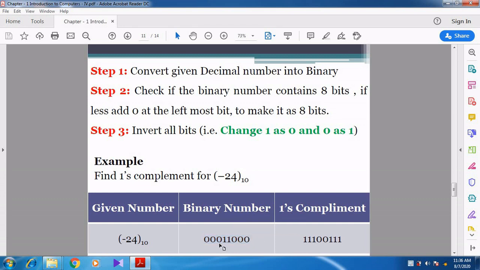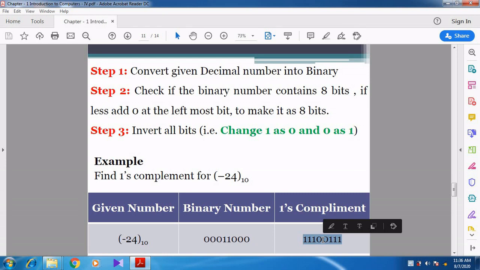So first it is 000, so 0 should be changed to 1, so it changes to 111. Then they have given 11, so 1 should be changed to 0, so 00. Then again 000, so we should change it to 1. So 00011000 is changed to 11100111.